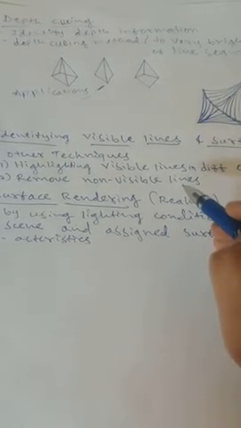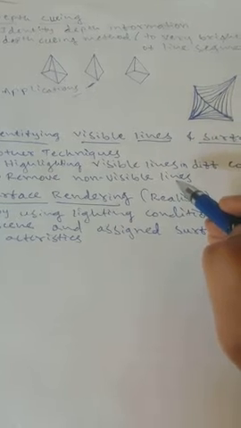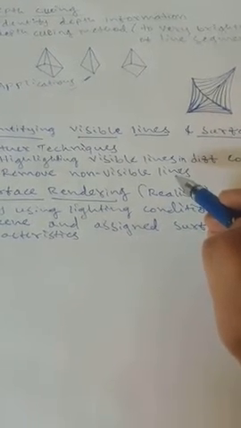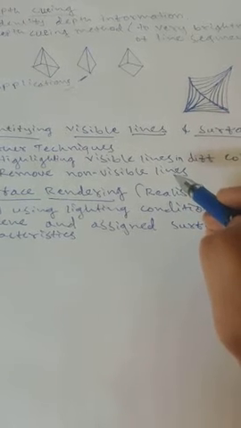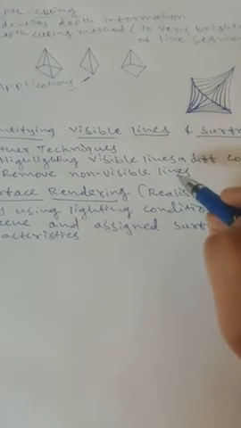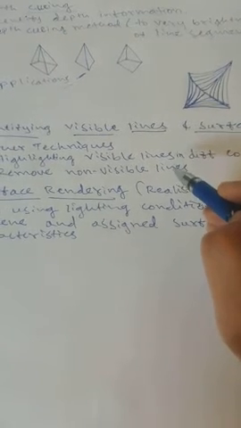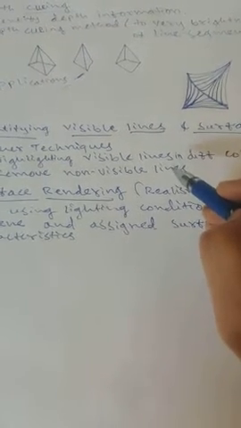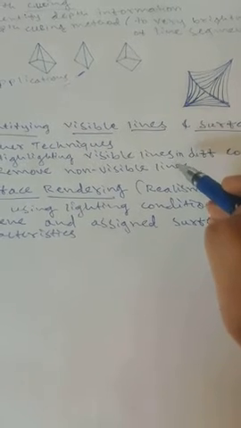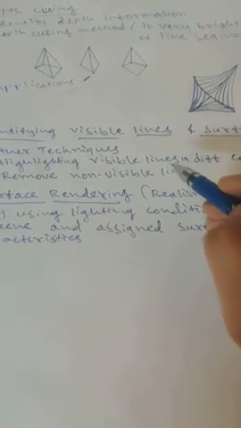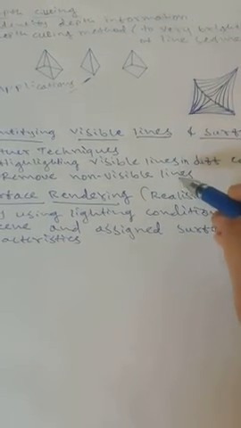But removing the non-visible lines is not preferable, because it removes the information about the shape of the back surface of an object. Wireframe representations are generally used to get an indication of the overall appearance, both front and back, of the object. So removing the non-visible lines is not preferable.